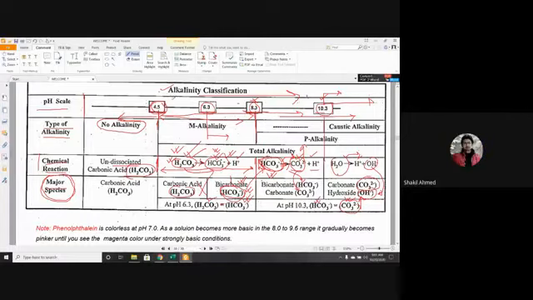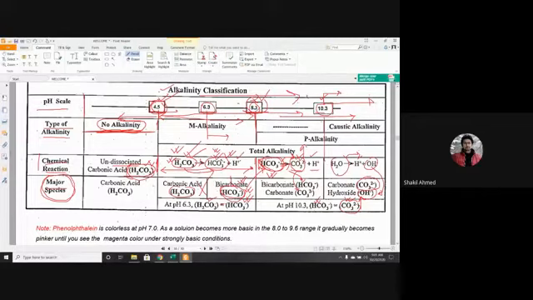So this is actually easy. 4.5 and 8.3. Remember this. Below 4.5, undissociated H2CO3, no alkalinity, because this cannot dissociate. Above 4.5, this starts dissociating and gives bicarbonate ion and hydrogen ion.